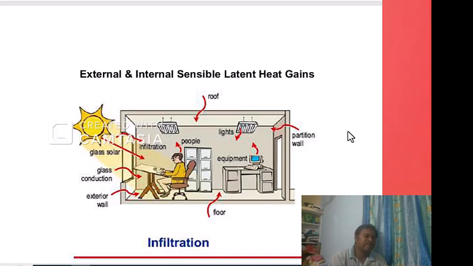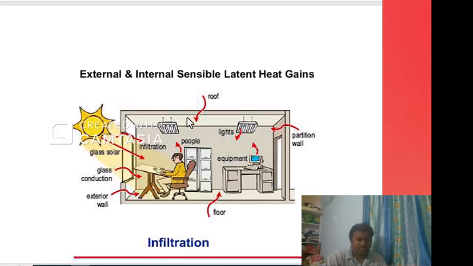After constant heating, the roof also starts giving internal heat into the room, as well as the flooring because of ground heating. External heat gains are mainly caused by the sun's solar radiation, which heats the glass, and in turn the glass heats the air present in the room.